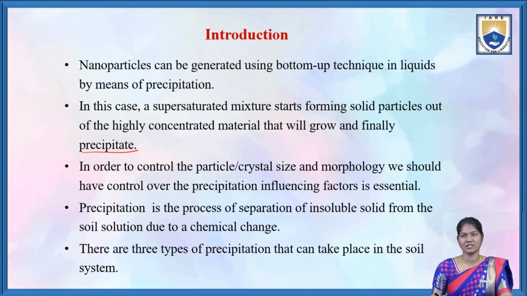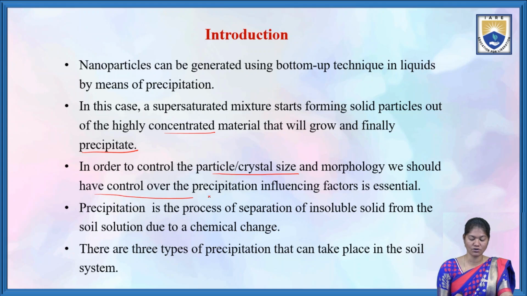A supersaturated mixture starts forming solid particles out of highly concentrated material that will grow, and finally we get the precipitate. In order to control the particle size, that is crystal size and morphology, control over the precipitation influence factors is essential.